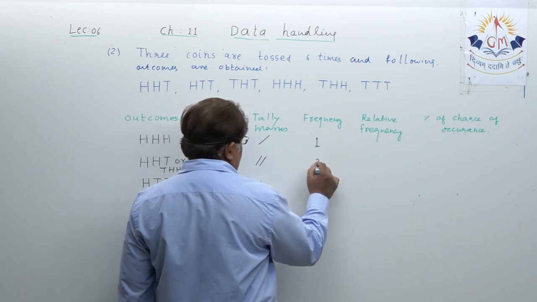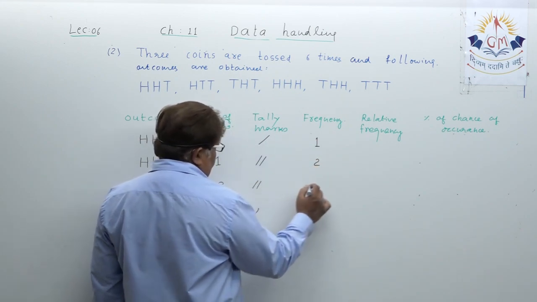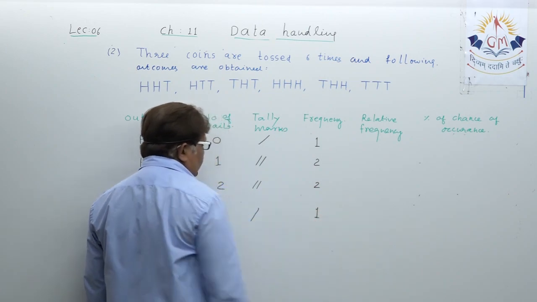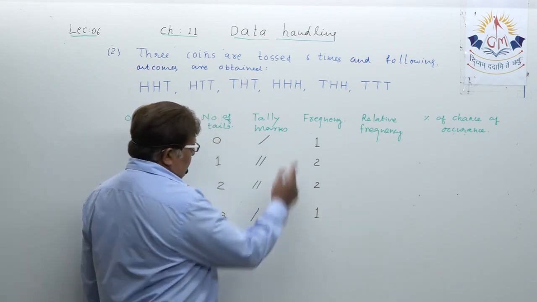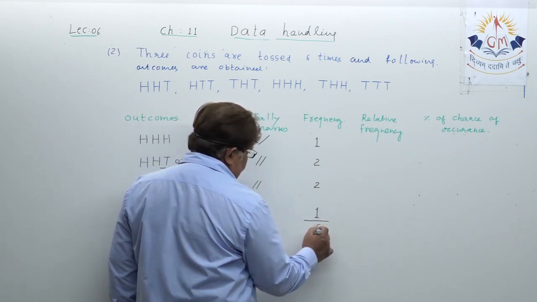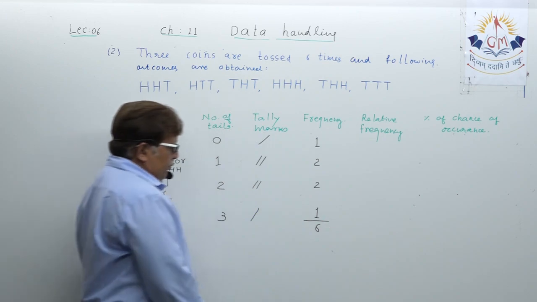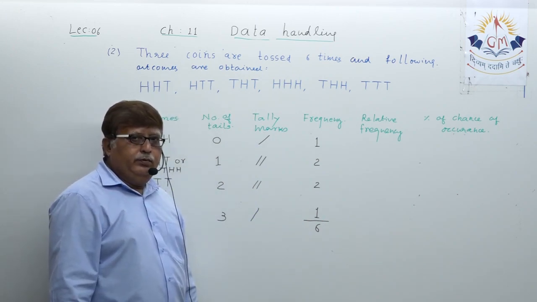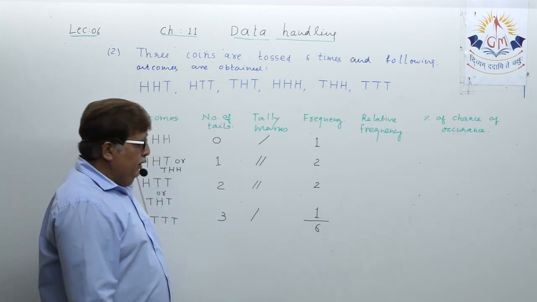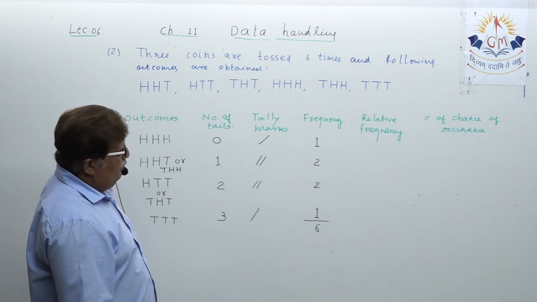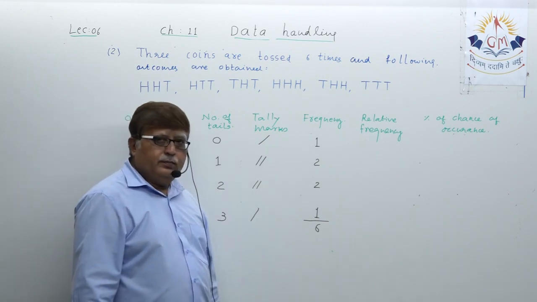Frequency here is 2. Here frequency 2. Here 1. Total of the frequency, that is 6, which is actually called the sample space, as you all know very well. Understood? So sample space, that is 6.